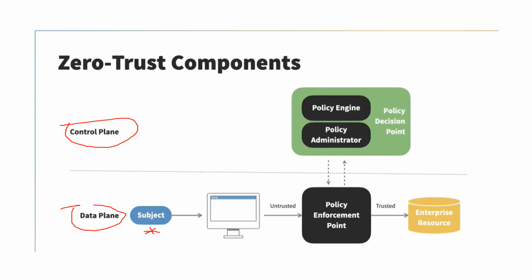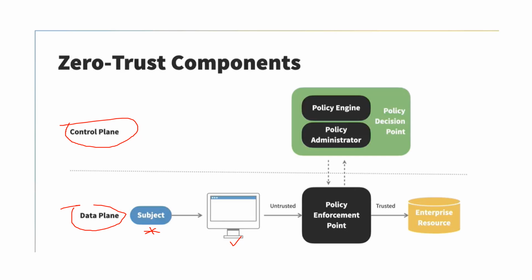Now, that subject needs to access that data using a device. This device under zero trust should be considered untrusted, independently of whether the device is external or inside the network. It doesn't matter where it is.